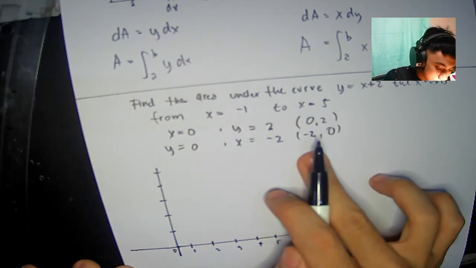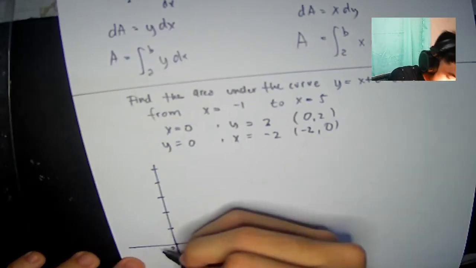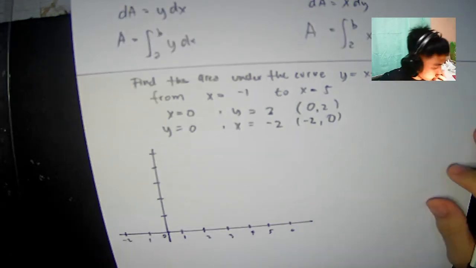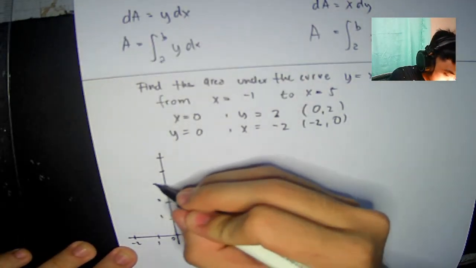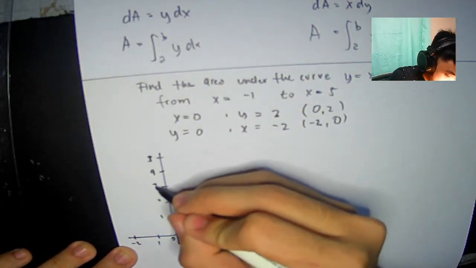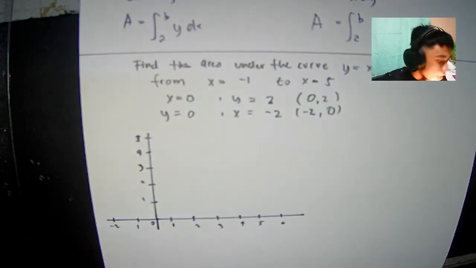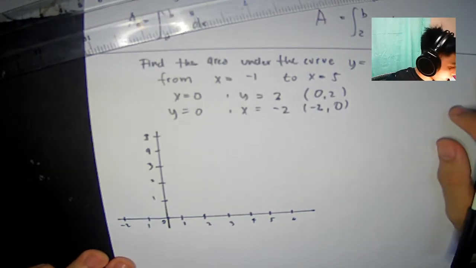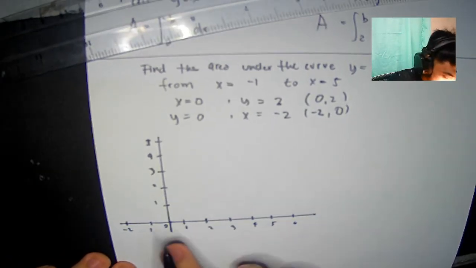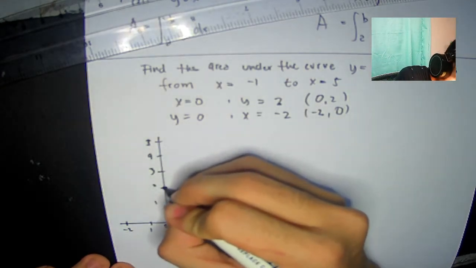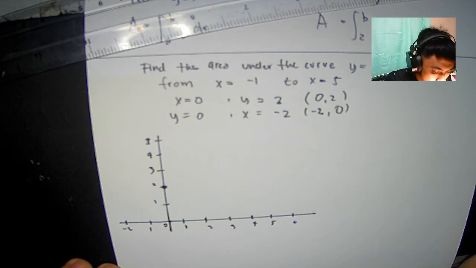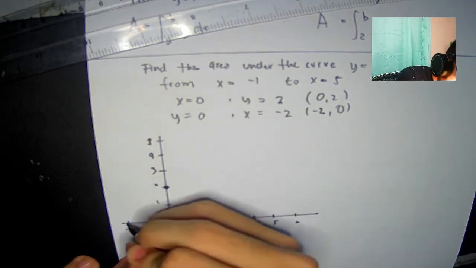We can see we have -2 on the x, so let's put -2 somewhere here. Okay, we have the plane. Let's plot. The first point is 0 on the x and 2 on the y. The second point is -2 on the x and 0 on the y. Right there.